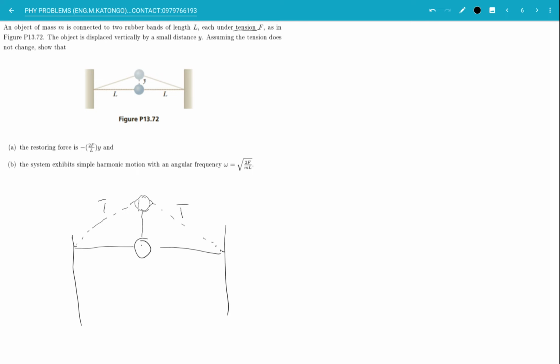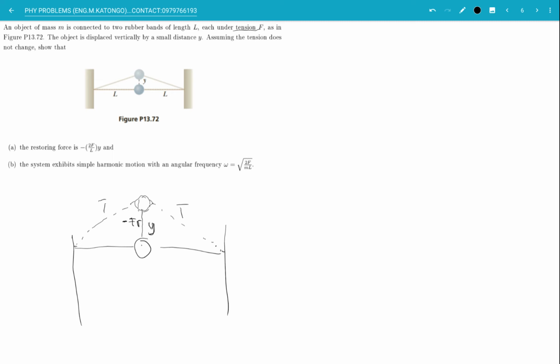This vertical displacement is termed as y. Due to it being displaced vertically, we will have the force that will act in opposition to the displacement, which is known as the restoring force. Due to it acting in the opposite direction, it will bear a negative.